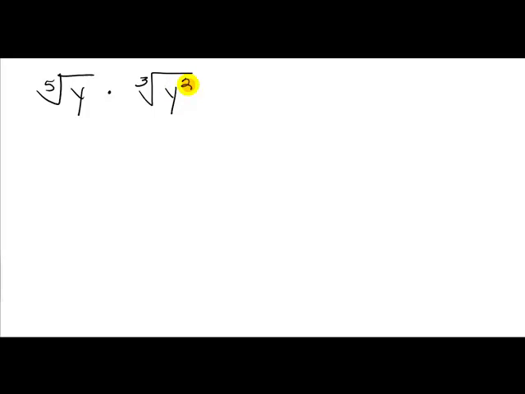So the first thing we need to do is rewrite this with rational exponents. So we'd have y to the 1/5 times y to the 2/3. Always remembering that this is the root, that's the bottom, that's what goes underneath.